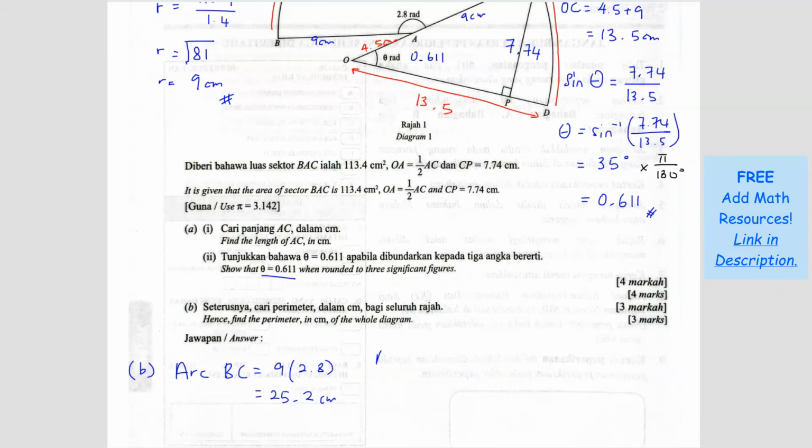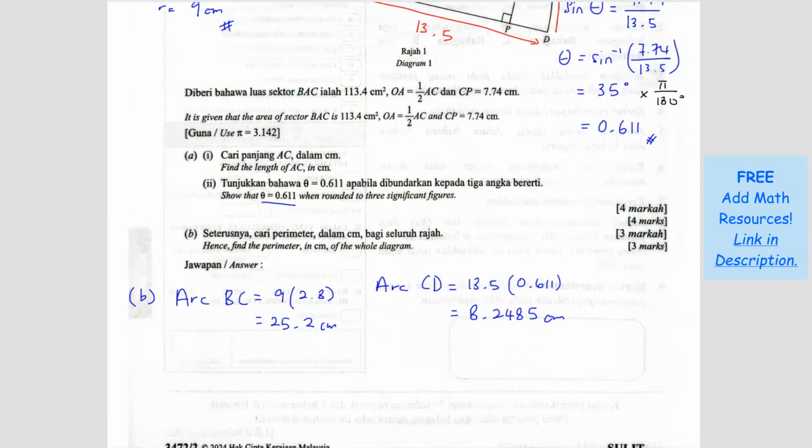Then we also find arc CD. For CD, r is 13.5, theta is 0.611. So you should get your answer 8.2485 cm.